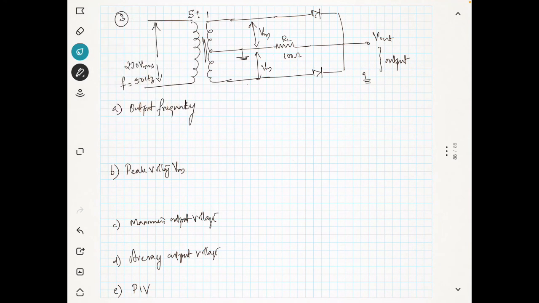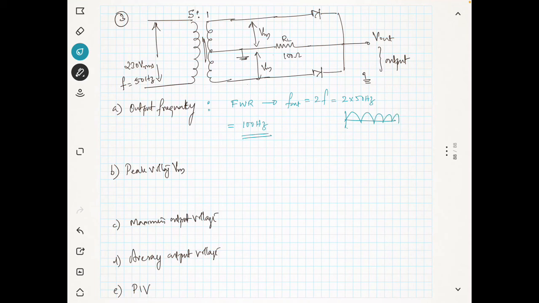So the first part is the output frequency. Since we are talking about the full wave rectifier, the output frequency will be equal to 2 times the input frequency. It is nothing but 2 into 50 Hertz, so you will get the output frequency as 100 Hertz. I hope this is clear to you, because the full wave rectifier output will be something like this.